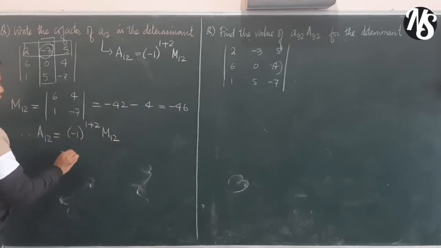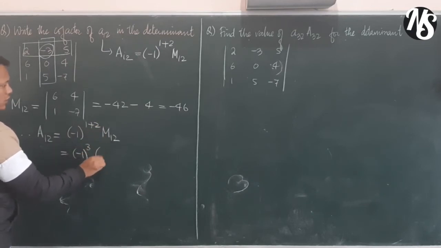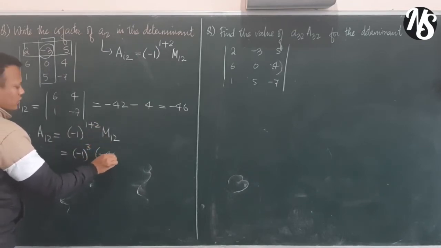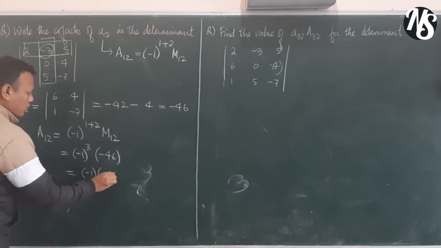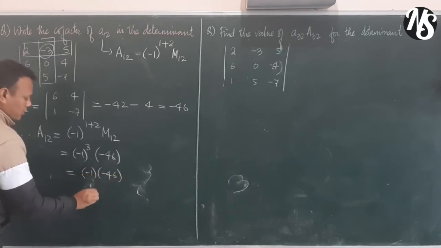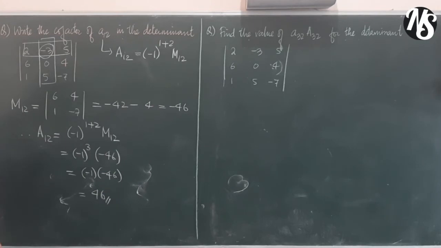Let's put the value. Minus 1 to the power 3, M12 is minus 46. All of you know this is minus 1. So, minus 1 into minus 46. Minus into minus becomes plus, so your answer will be 46. That means the cofactor of this is 46 in this case.